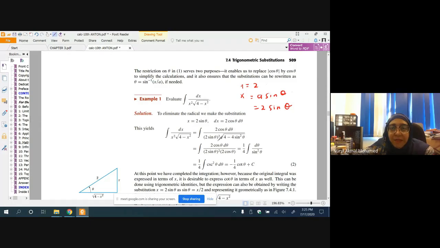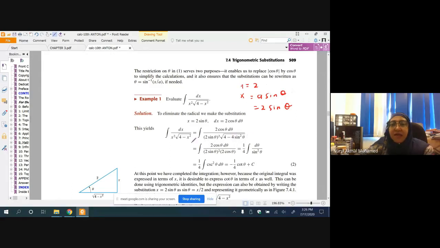They are just the same as before. Somehow here it can be cancelled out, right? It can be cancelled out, but this is of order 2 and this is of order 1. Then what? Square root of 4 minus 4 sine squared theta.